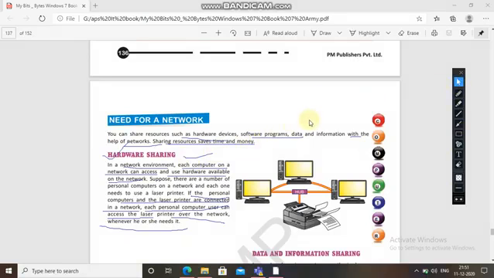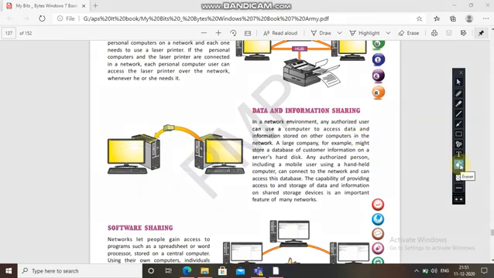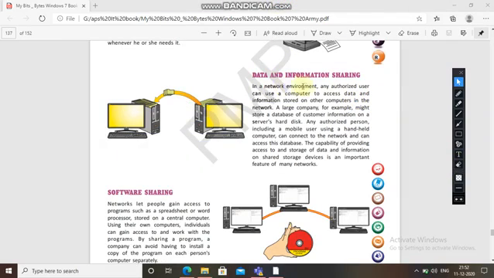Now next, data and information sharing. In a network environment, any authorized user can use a computer to access data and information stored on the other computers in the network. That means any authorized user who has the permission can use a computer to access data and information stored on another computer in the network.